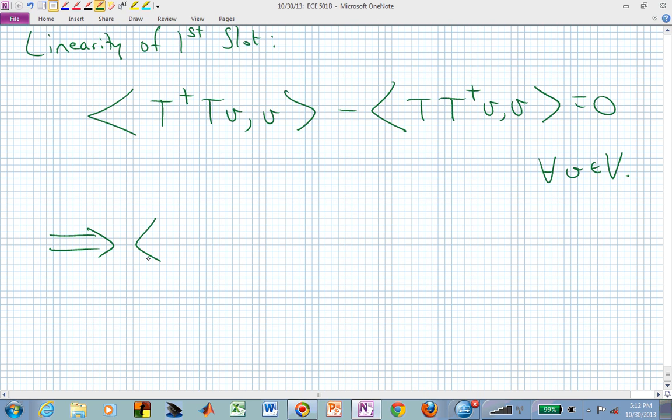That is equivalent to T dagger T V, V is equal to T T dagger V, V.